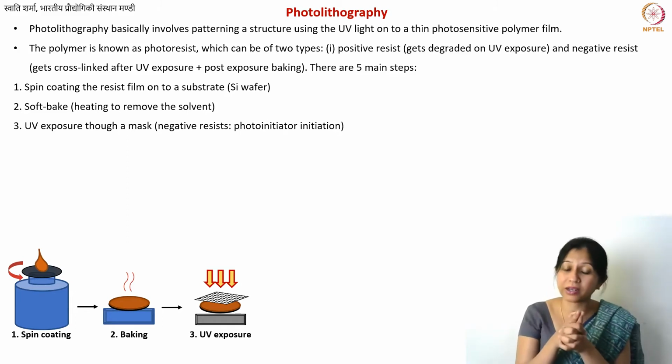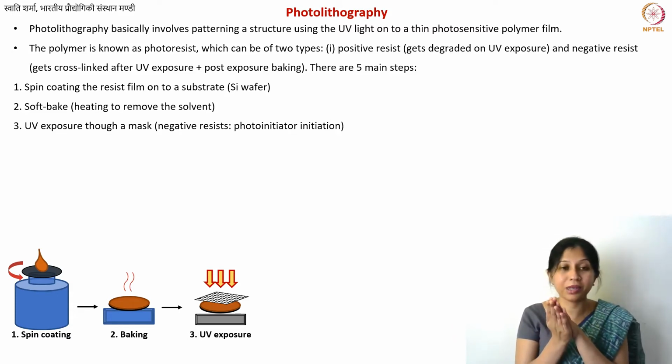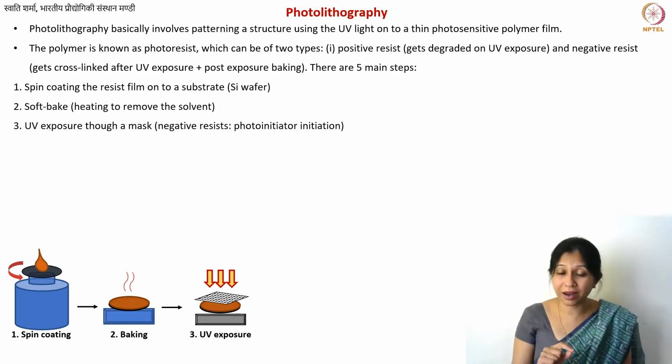This is also one reason why we did the baking before. Because if you otherwise attach the mask, and your material still has some solvent and is soft, in that case, what will happen? It will damage your mask. And these masks are reasonably expensive, especially as the feature size, the structure size goes down. The smaller the feature, the more expensive your mask is.